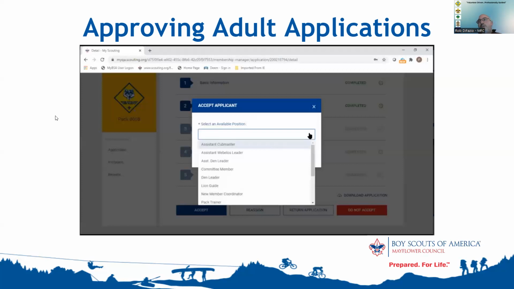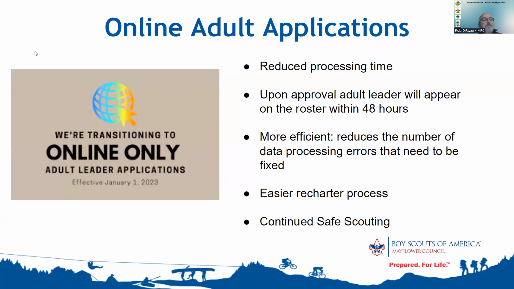So if you're the committee chair, for example, and you know that maybe the applicant is going to be the assistant scoutmaster, just to put that in there, it's going to help move the process along when it gets to the chartered organization representative. Okay. So once the applications are approved, the rest of this is pretty well done at that point.